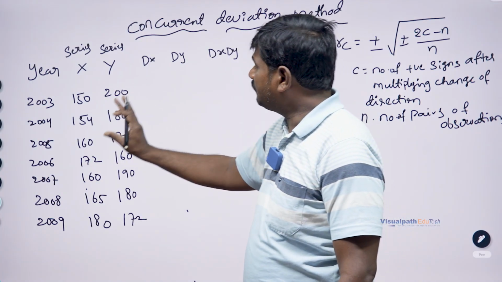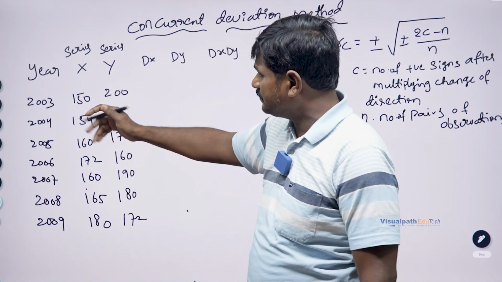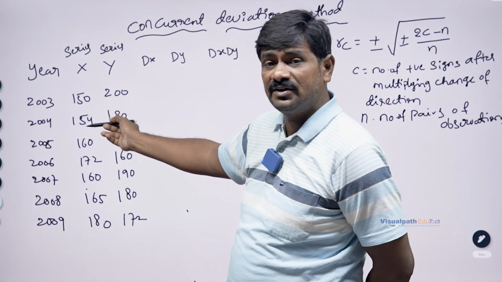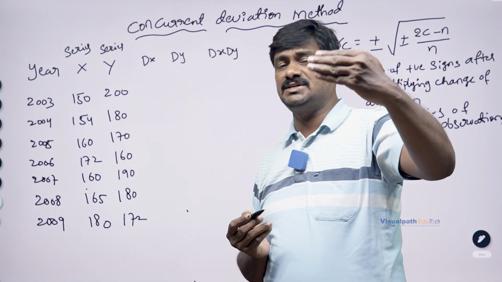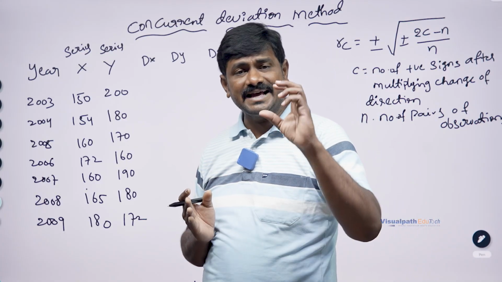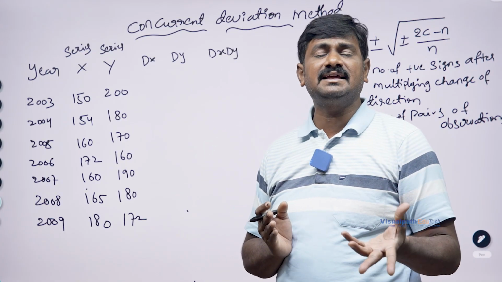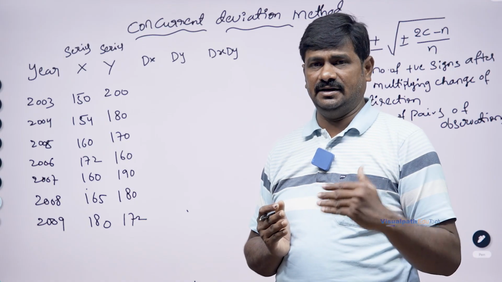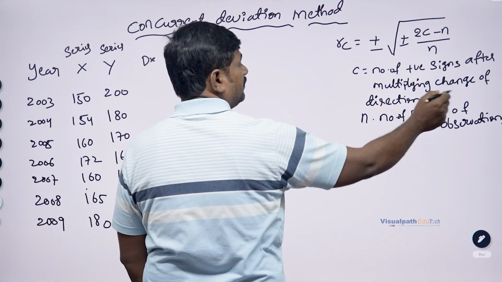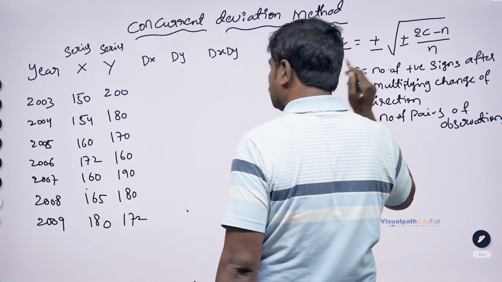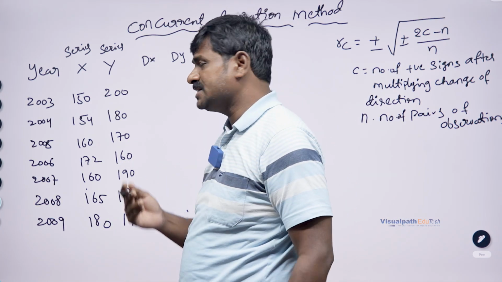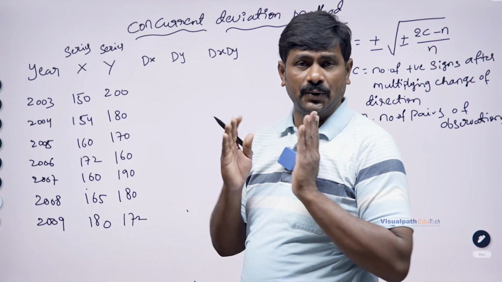After making these directions, for example, X sales in 2003 are 150 and in 2004 are 154, so it moves with a positive sign, meaning it increased. If the movement is increasing, we take it as a positive sign. If the movement is decreasing, we take it as a negative sign. The number of positive signs after multiplying the change of direction is called C, and n is the number of pairs of observations, meaning how many pairs we observed.